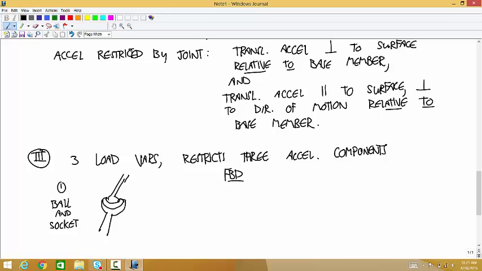A free body diagram looks like this. All translational motion is resisted by a force, so you have a full force vector.